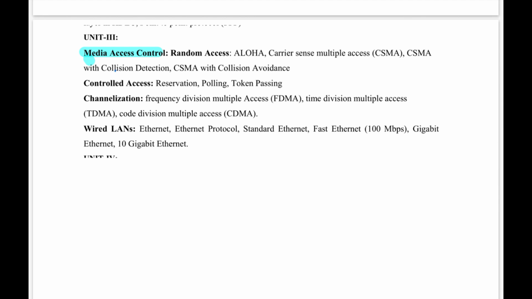We need rules for who can send data when. This is handled by the medium access control.